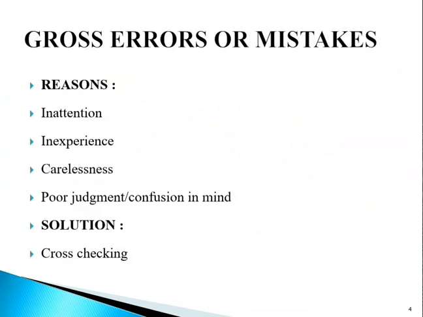So let us see the first one, the gross errors or say mistakes. The errors which arise from carelessness, inattention, and poor judgment or confusion in the mind of the inexperienced surveyor are termed as mistakes.